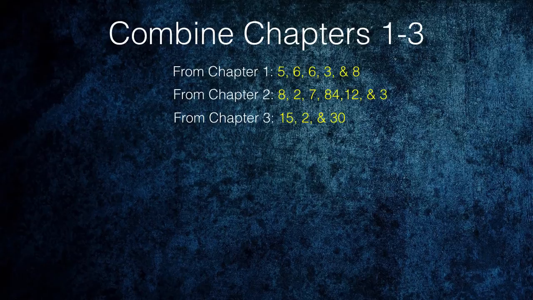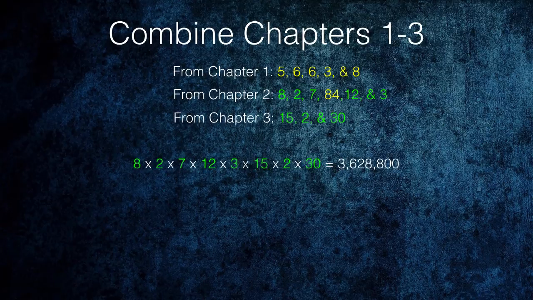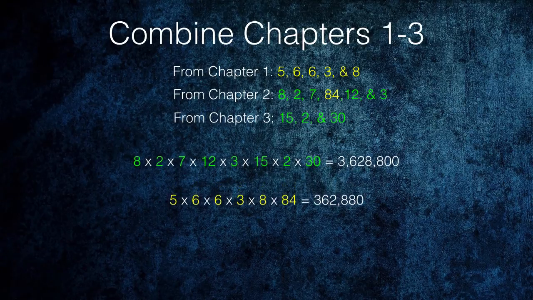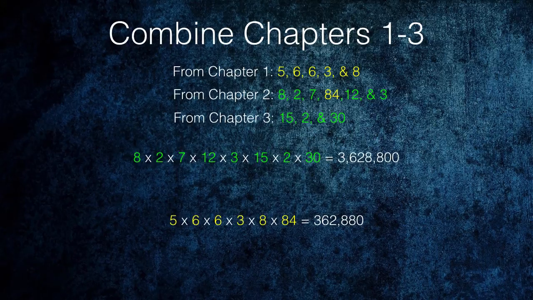I mentioned earlier that we were setting 84 aside, so let's stick to that plan. We'll go with the numbers in green first, multiply them together, and we get 3,628,800. Then when we multiply the numbers in yellow, we get the same number minus a 0: 362,880. At first glance, these numbers don't appear to be significant, but they are actually mentioned twice in John Mitchell's book.